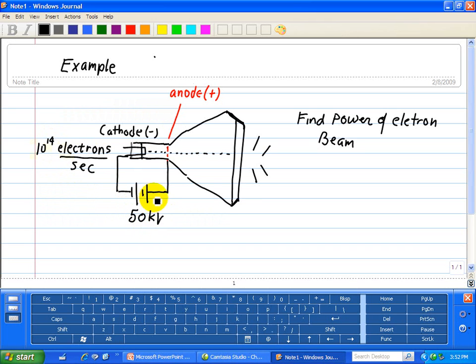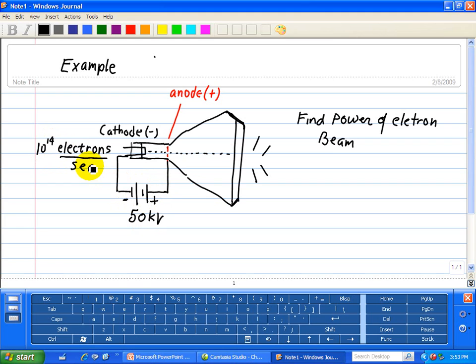The longer line associated with this DC source is the plus, and the shorter line is the minus. So once again, we have this 50 kilovolt voltage source accelerating 10 to the 14th electrons per second.